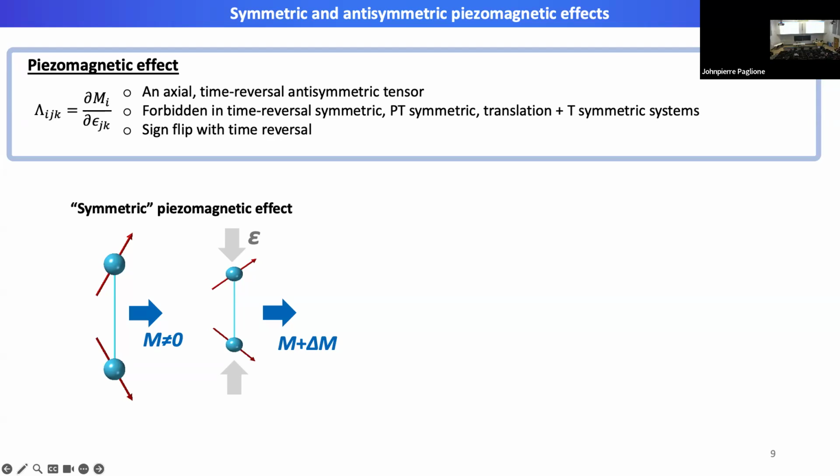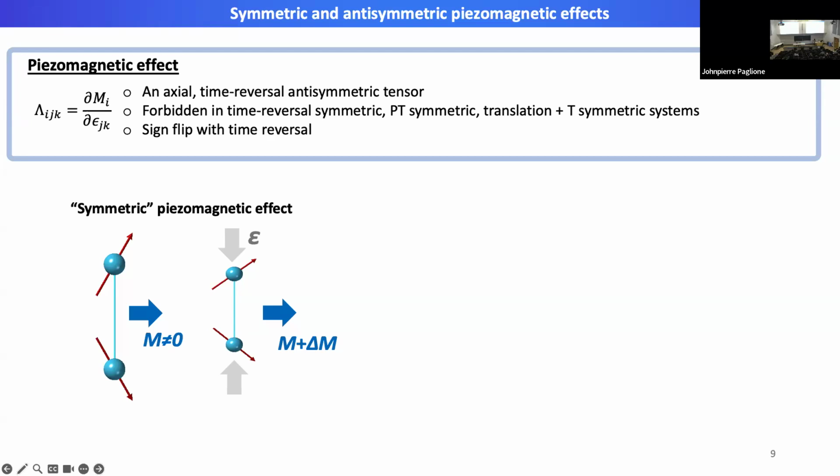The relevant piezomagnetic effect would only take place if the system already has a net magnetic moment in its magnetic structure. Right. So here I'm showing you with a minimum set of spins to show you this piezomagnetic effect. If we think about a pair of canted spins where it has a net moment in the x direction, right?